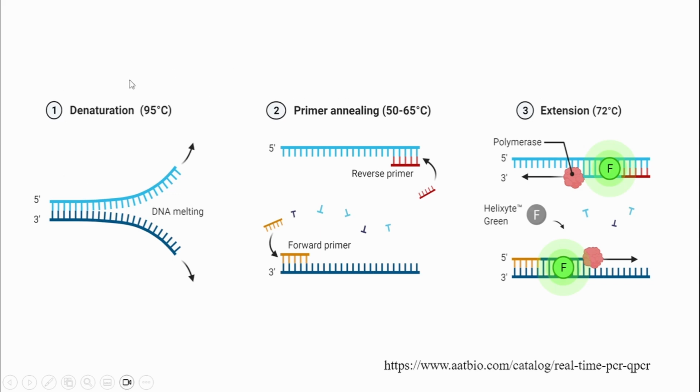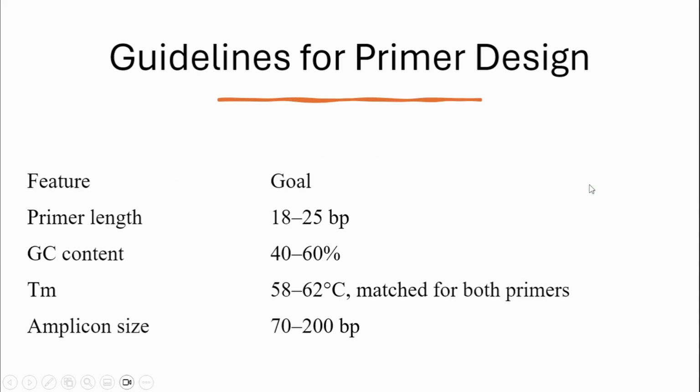It starts with denaturation, followed by the reverse and forward primers pointing to their specific target, and then the polymerase enzyme starts to extend the amplification. So, therefore, we need to design a primer.